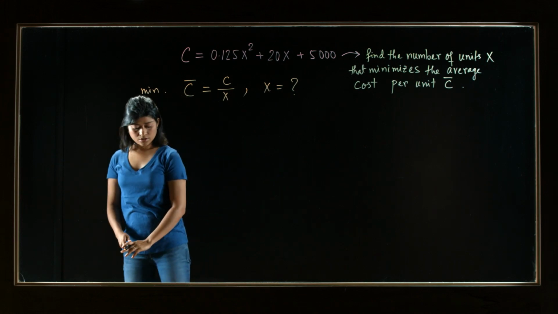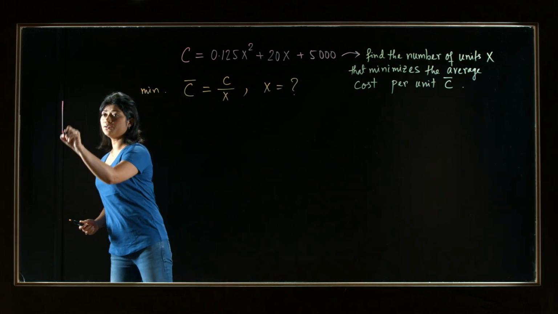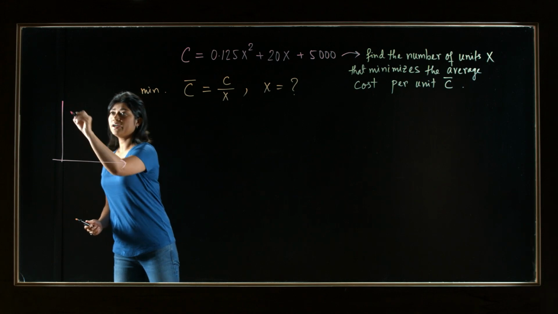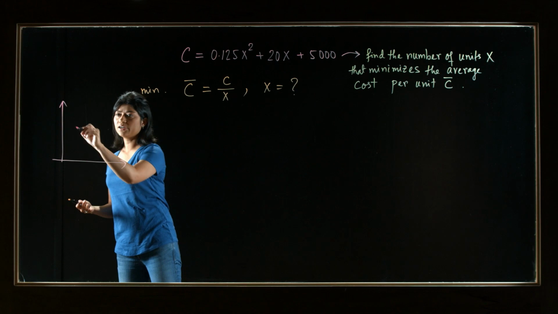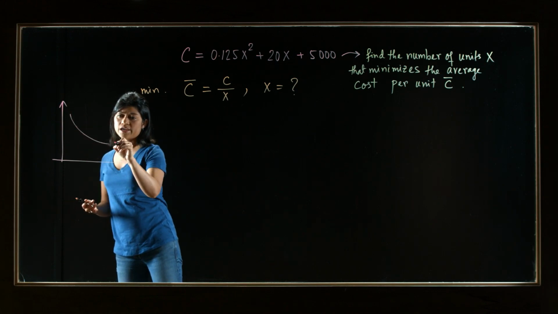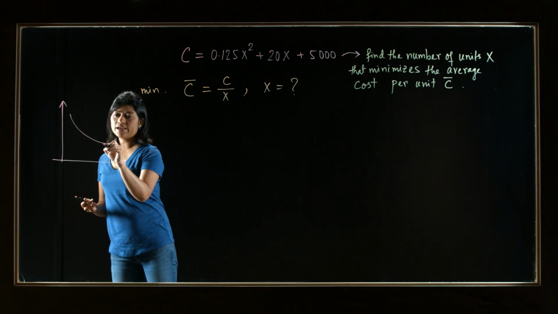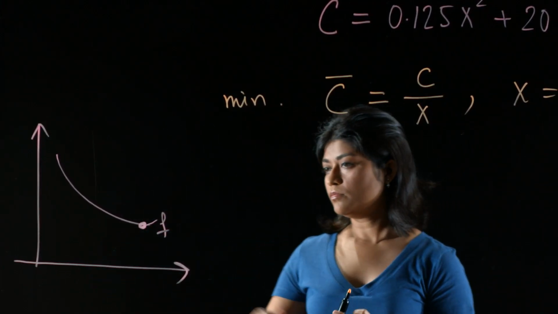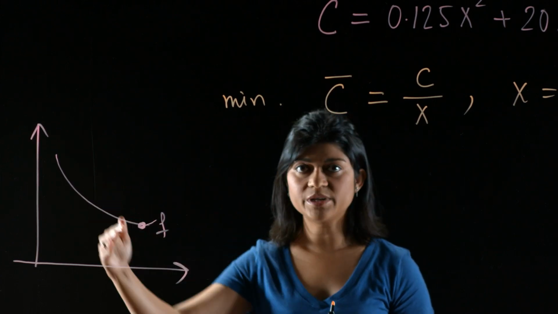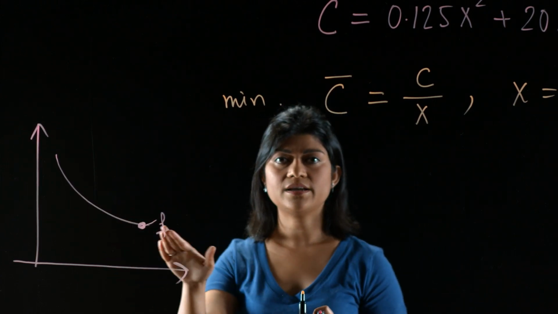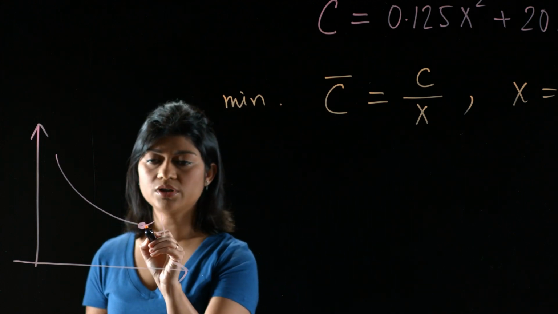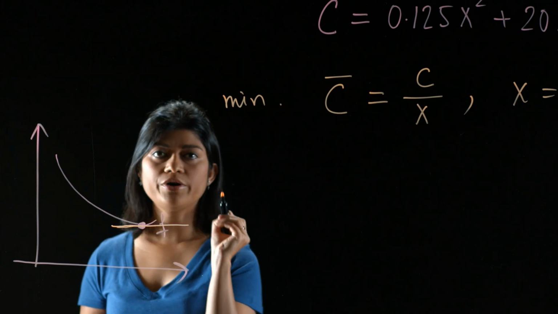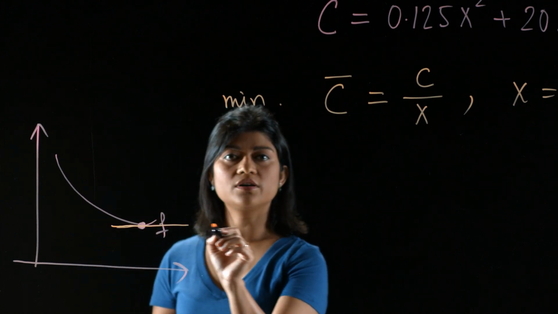All right. Let me also remind you what the concept behind minimizing a function is. Say you have a continuous function f and it has a minimum point. At that point the function has a minimum value. Notice that if you draw a tangent line to the curve at that point, you get a horizontal line.